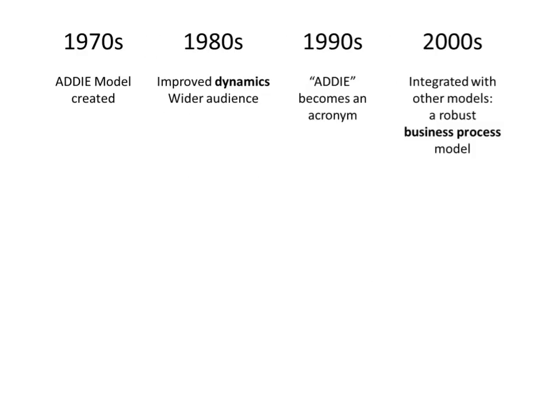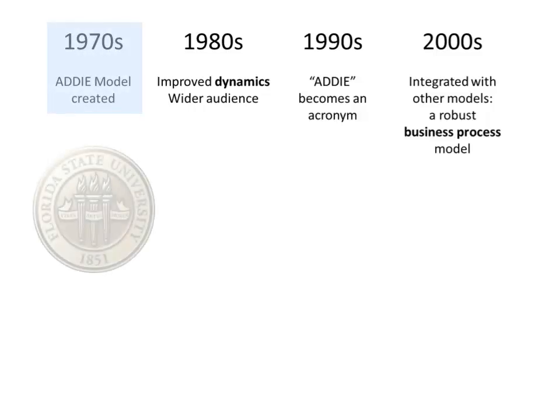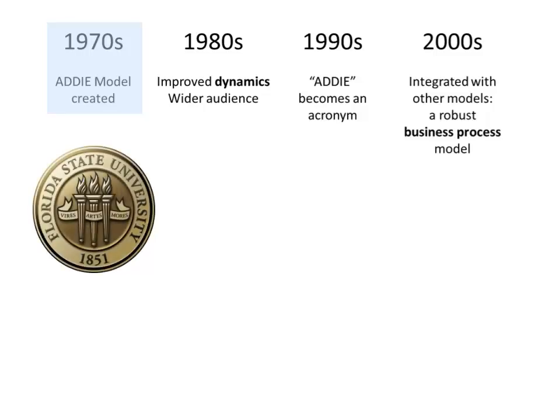While the principles of instructional design have been around since at least the 1950s, ADDIE first appeared in 1975. It was created by the Center for Educational Technology at Florida State University for the U.S. Army. Weapon systems and support technology were becoming more and more sophisticated, and soldiers were slow to learn the ropes.